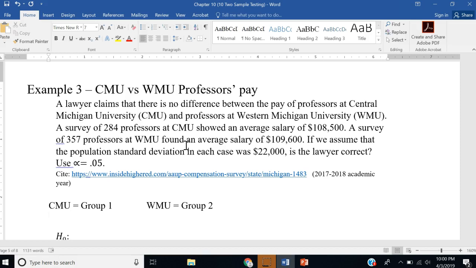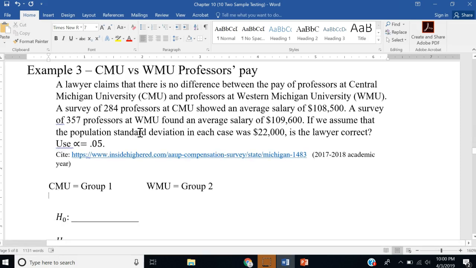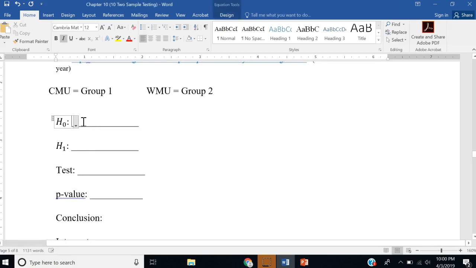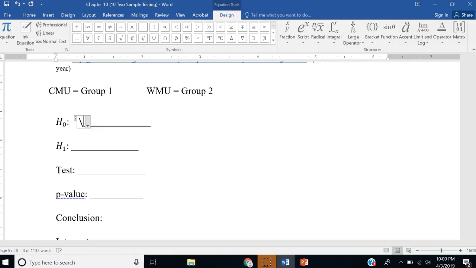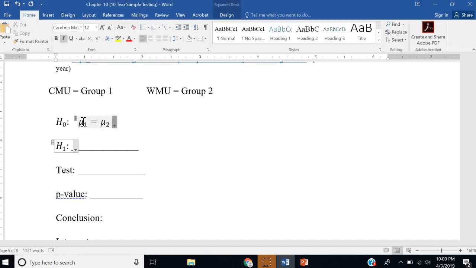So the lawyer claims that there's no difference. What does that mean? That means that the null hypothesis is going to be that the average of group 1 is equal to the average of group 2, and that's the main claim.